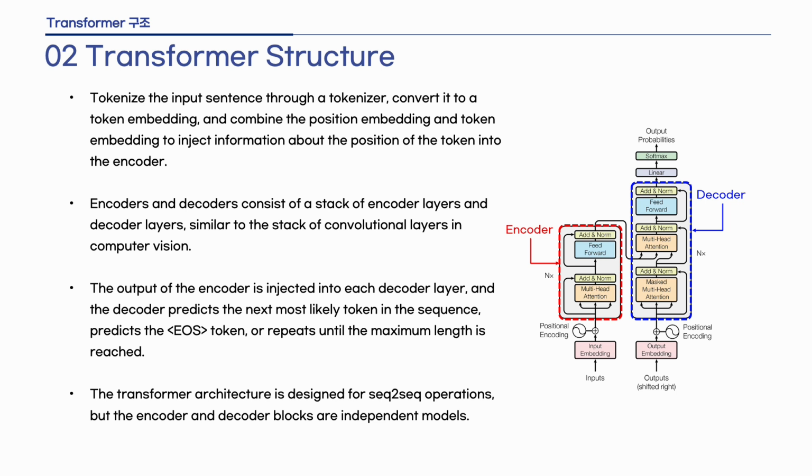As I mentioned, there is an input layer. For this input layer, we tokenize the input sentence through a tokenizer. So we should annotate this part, the tokenizer, and it converts to a token embedding and combines with the positional embedding. I mean, this one is the positional embedding.